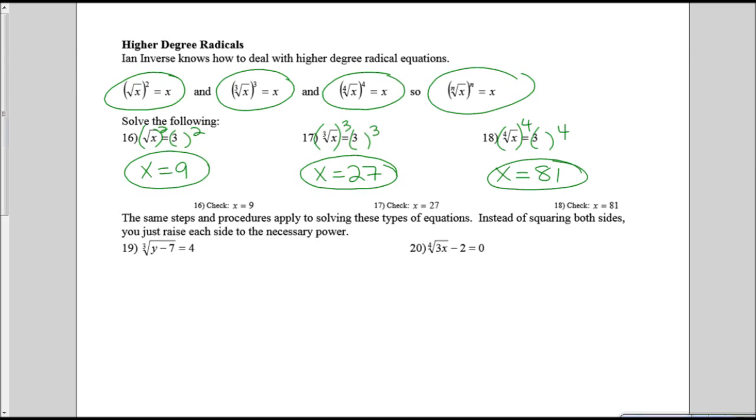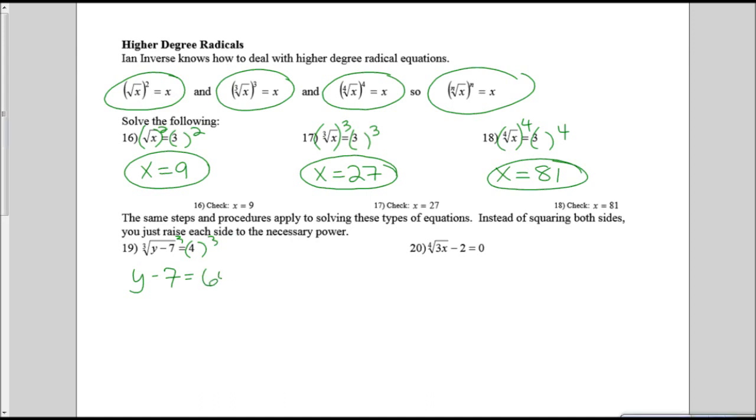So in the examples down below, 19 through 22, you're just going to do the same thing. Make sure you have the radical by itself first, and then just raise to the power that you need. So in number 19, we're going to cube both sides to get rid of the cube root. So we'd have y minus 7 equals 4 to the third power, which is 64.